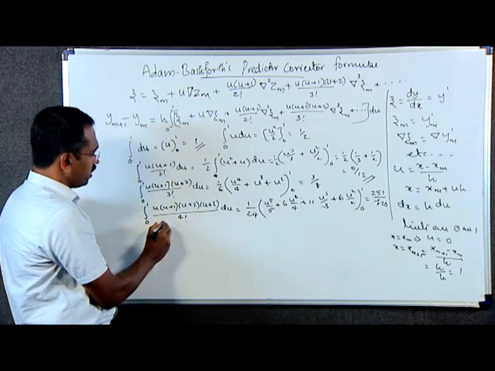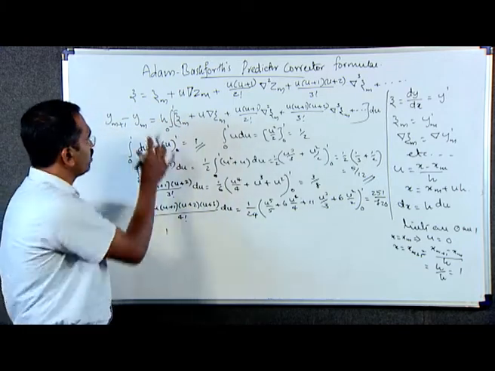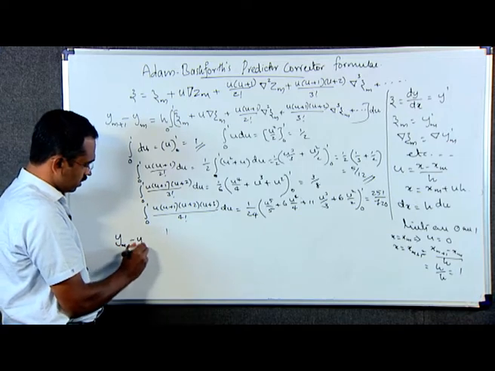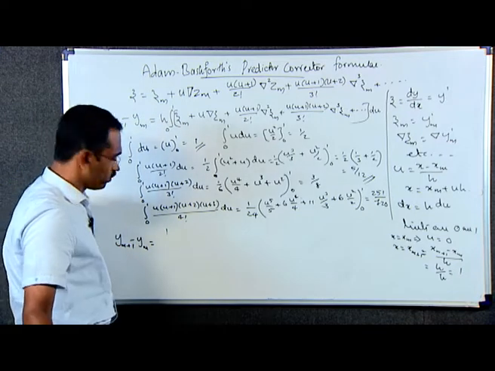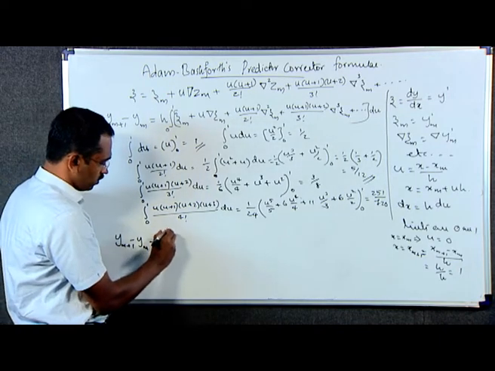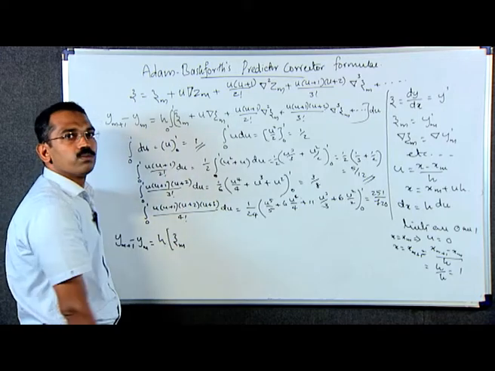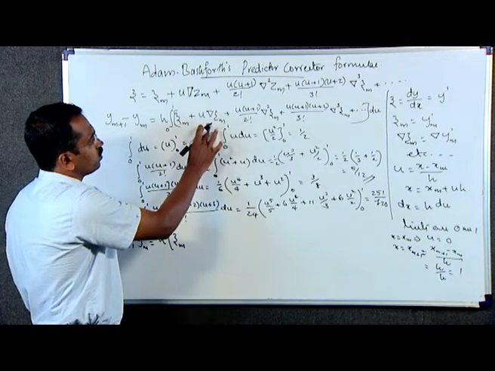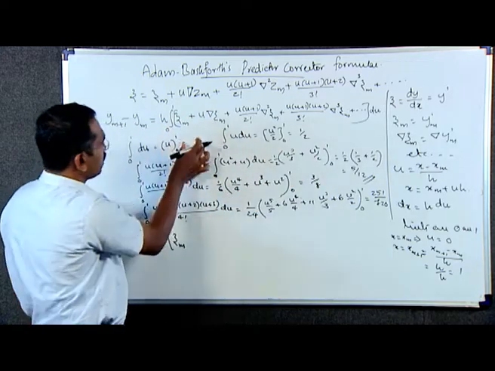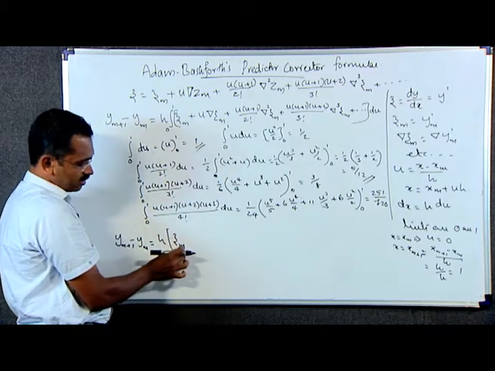And so on. Using these values in this expression, we can write y_{m+1} minus y_m is equal to h into [Z_m plus 1/2 into] integral u du is 1/2. The value of the first integral is 1, therefore we write Z_m.